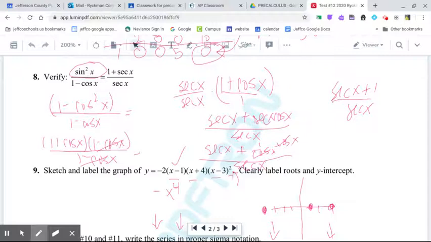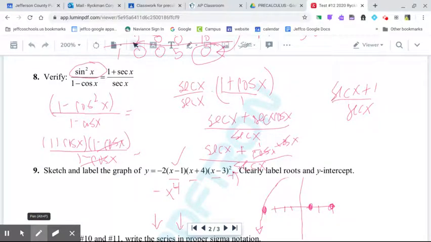Remember, when there's a square, then the graph doesn't pass through the axis at that point because squares don't change signs on either side. Remember, negative squared and positive squared behave the same sign-wise. So anything that's squared, the graph will just bump off that point rather than pass through the axis. So let's start at the left. I'm starting at the low. It's going to pass through.